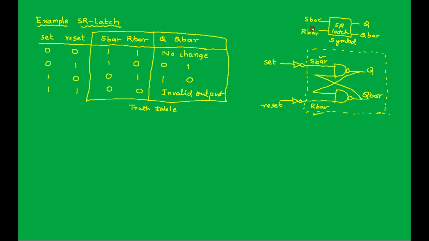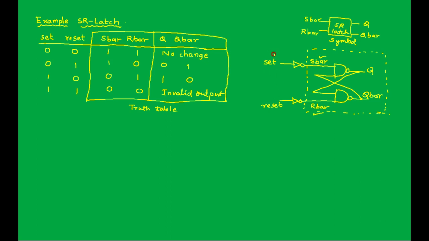S bar and R bar are the inputs, Q and Q bar are the outputs. Actually S bar is derived from the SR, or set reset, inputs. S bar is the complement of set, R bar is the complement of reset. Not of set we refer to as S bar, not of reset we refer to as R bar.